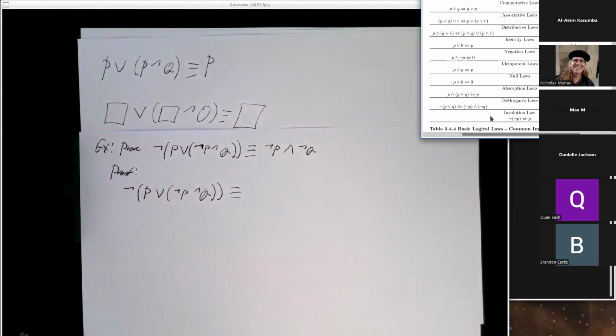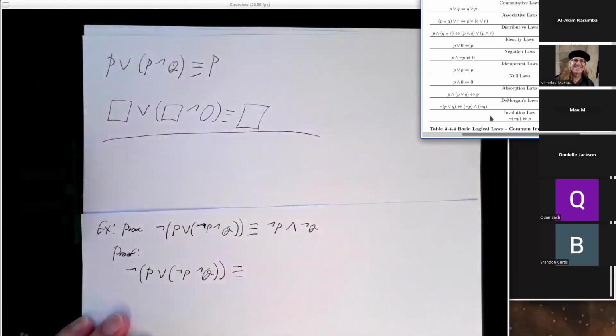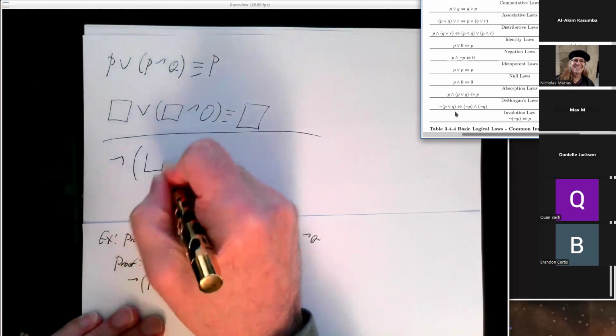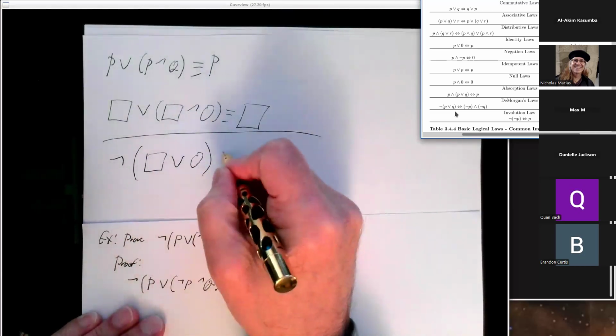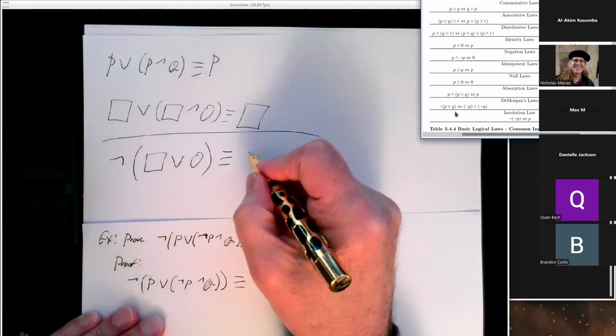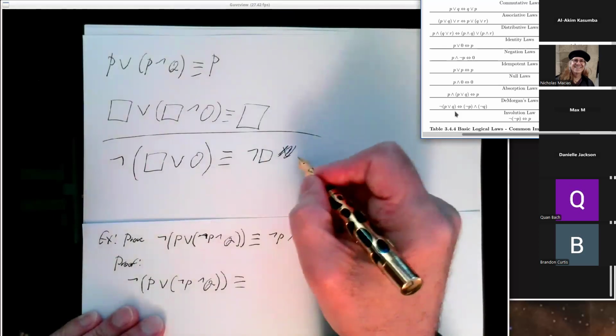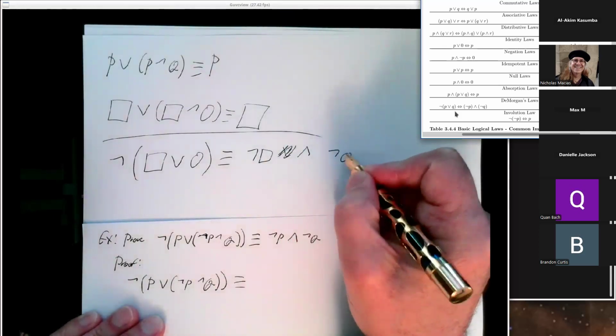Our brains start to rewire parts of itself, and we will be more efficient at finding things that fit this pattern. So let's take a look at De Morgan's law. De Morgan's law says not (box or circle) is equivalent to not box and not circle.